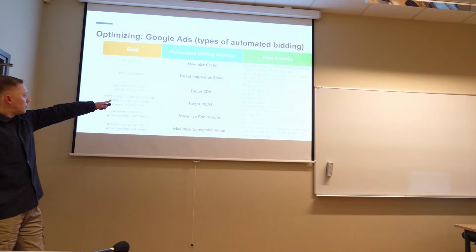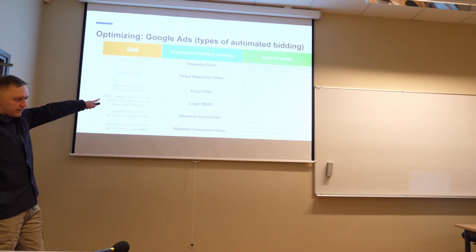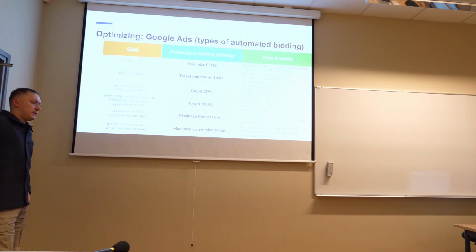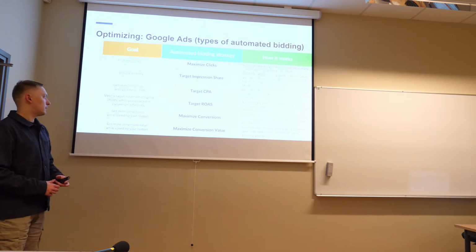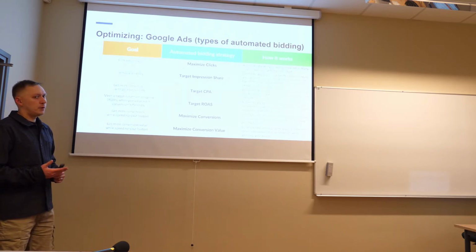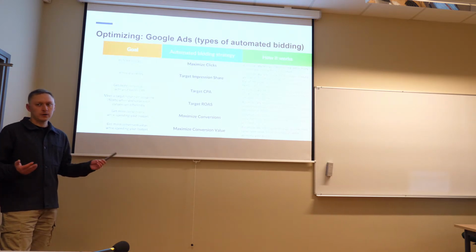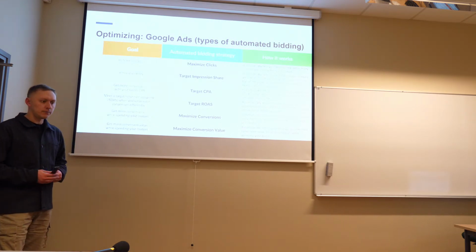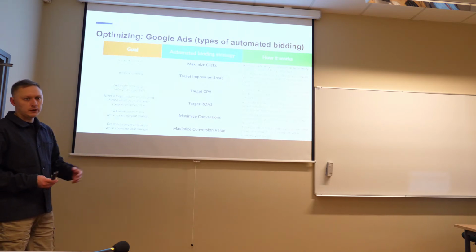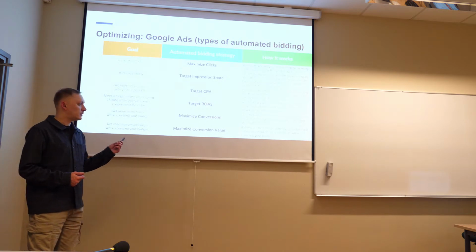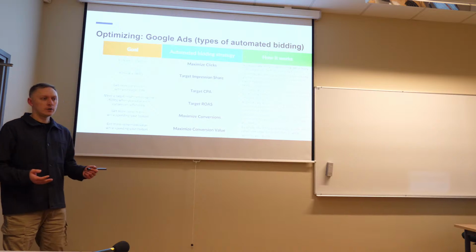And moving on, we've got target CPA bidding, which is probably the most used one, even though I also like maximize conversions a lot. Target CPA is, let's say, if you know the margin of your product, if you know the conversion rate of your site, then you can calculate how much you're willing to pay for every conversion.